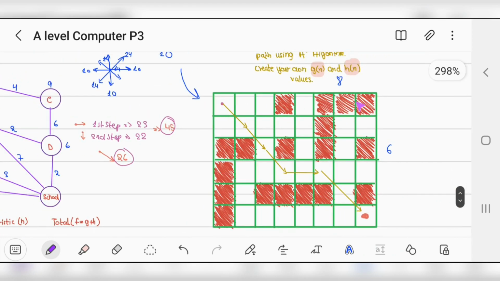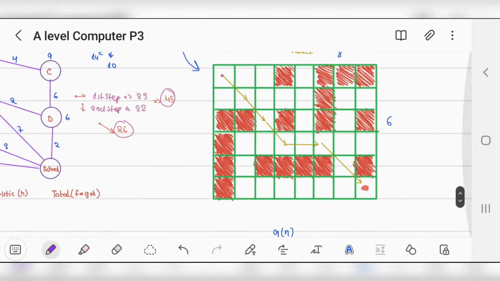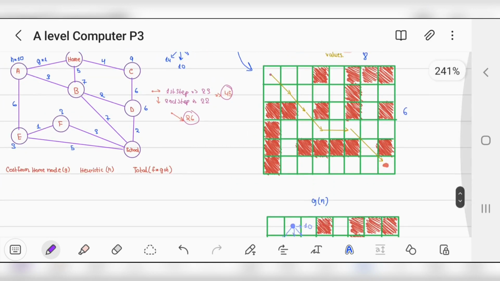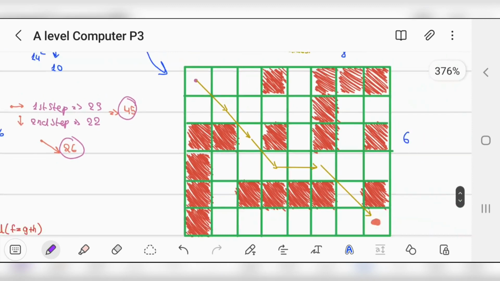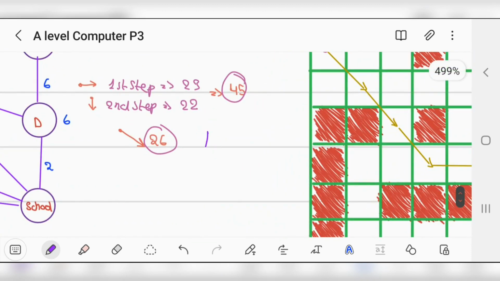The total is actually 13, but it doesn't matter. I hope you understood this. Whenever you calculate the heuristic value, it is actually 13 values.